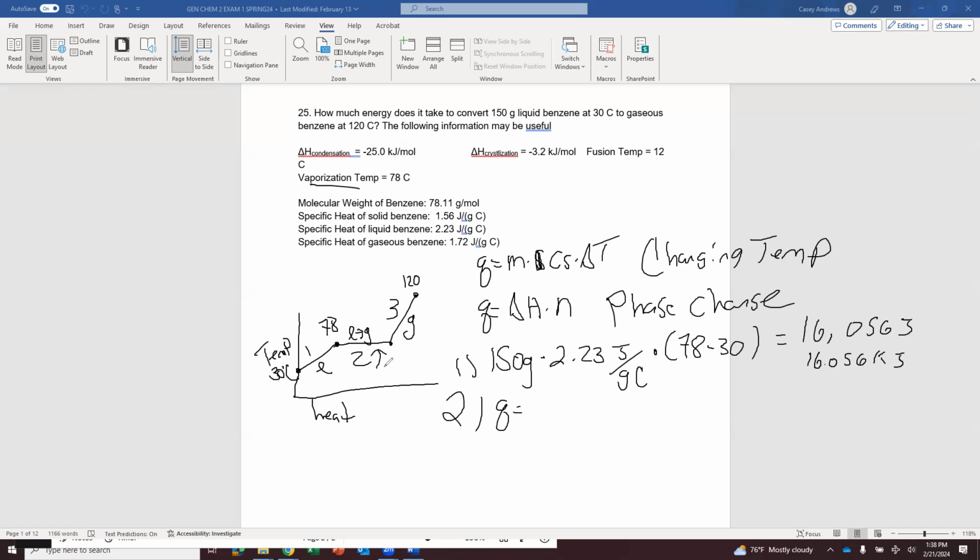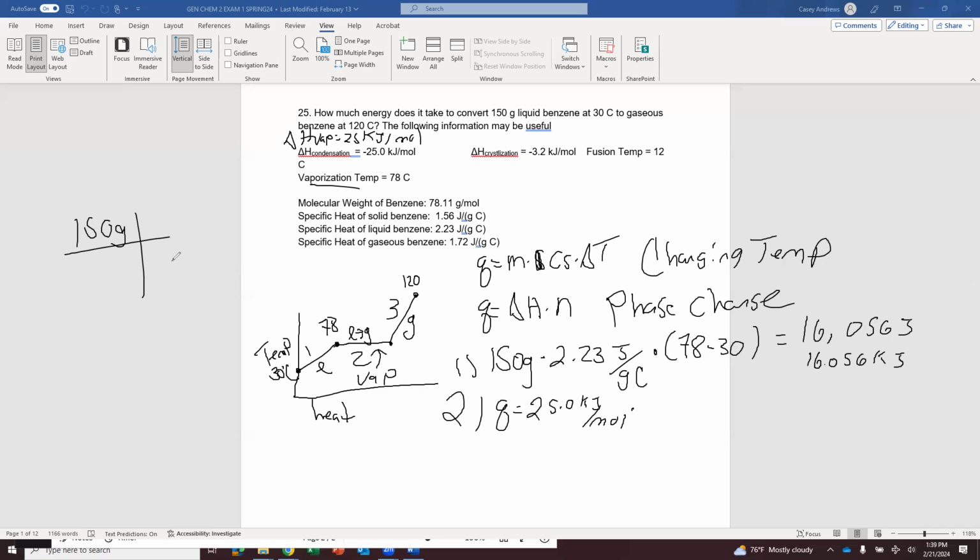My second calculation, it's Q equals delta H. So I'm doing vaporization here. Condensation and vaporization are opposite processes. So delta H vap is a positive 25 kilojoules per mole then. I have to multiply it by how many moles I have. So I have 150 grams of benzene.